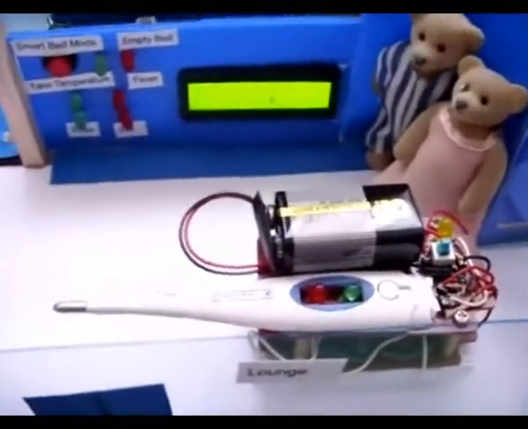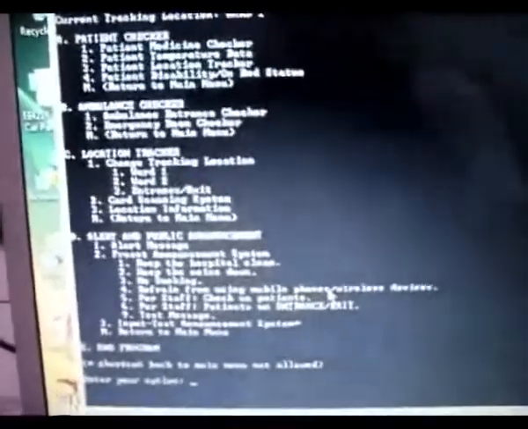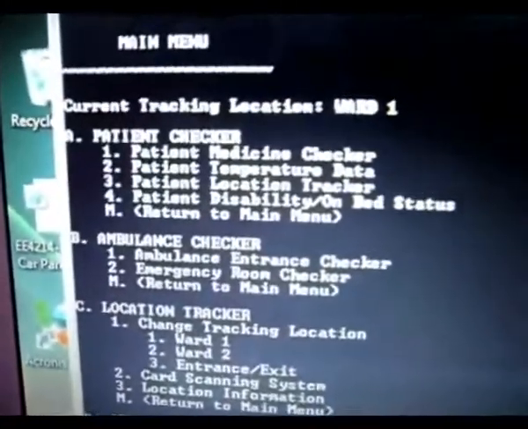First of all, let us check the condition of the patient with the RFID tracking system. Let's now go to mode A, patient temperature data, which is 2. Temperature taken status: not taken.